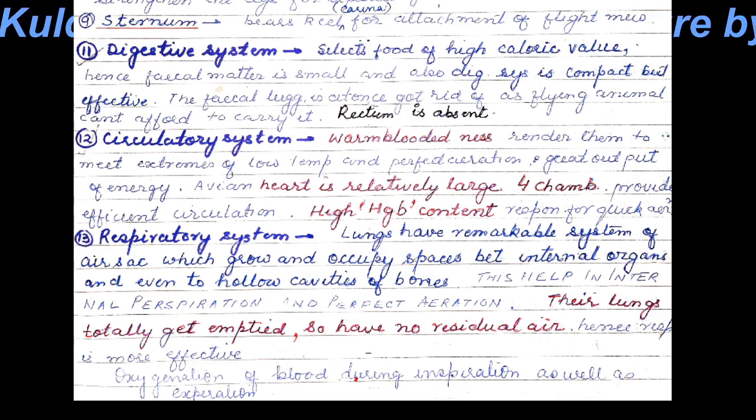Then come to the respiratory system. The lungs have a remarkable system of air sacs which grow and occupy spaces between internal organs, and even intrude into the hollow cavities of the bones. This helps in internal perspiration.